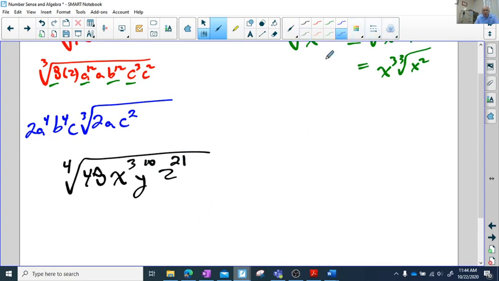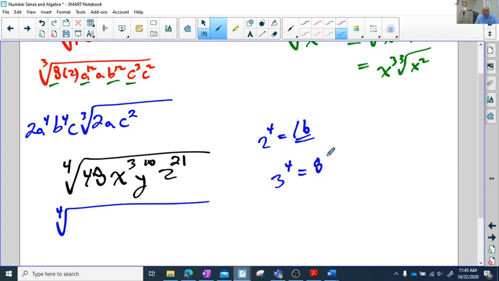All right, here I go, in simplest form. I need a perfect 4th root. And you say, I don't know any. Well, make one. Take 2 and raise it to the 4th. You get 16. Will 16 go into 48? Yes, it will. That's the only one that had a chance to work, because 3 to the 4th power is bigger than 48. It's 81. So it can't be that one. The only possibility was 16, and it worked.